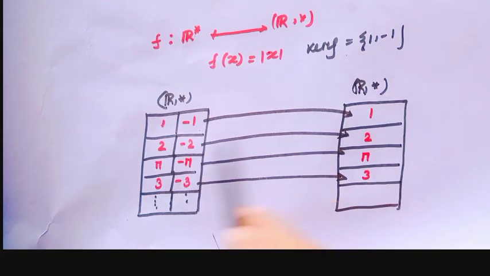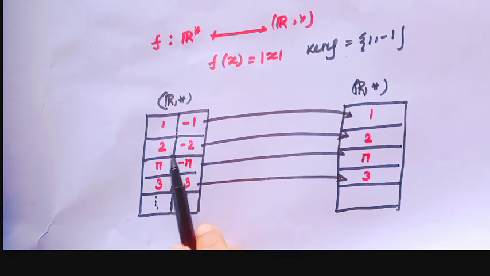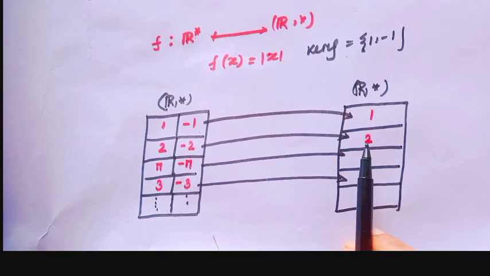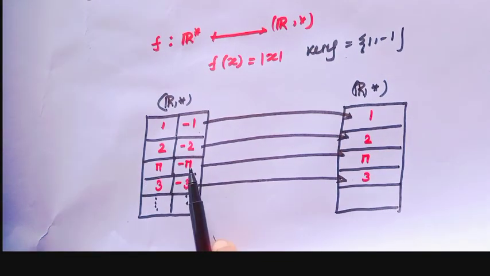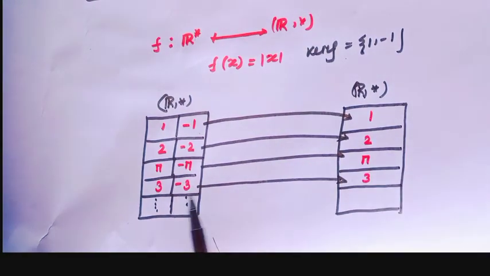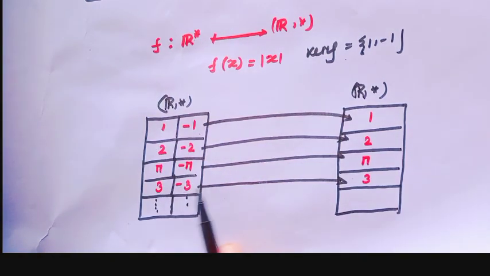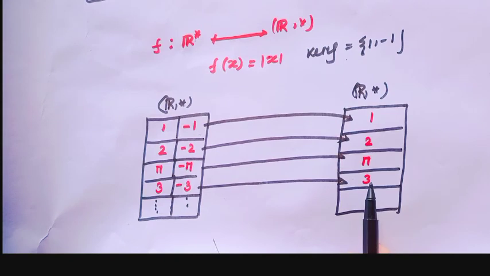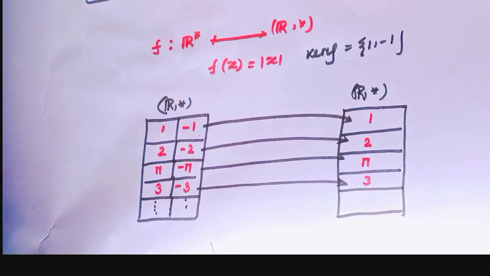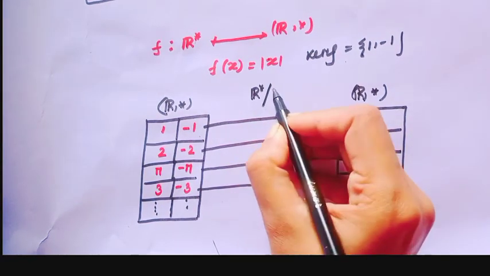And for other cosets, if you multiply 2 with the kernel of f, then the other coset would be {2, -2}, which is mapped under the absolute value function to 2, since it is the modulus, so it also maps to 2. For {3, -3}, if we multiply 3 with the kernel, it maps to 3, and so on. Okay, and what would be R star mod {1, -1}?